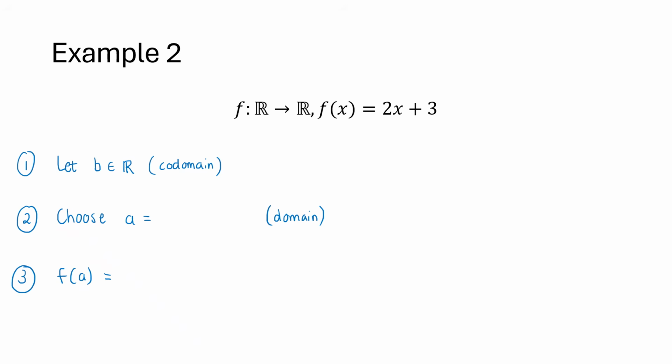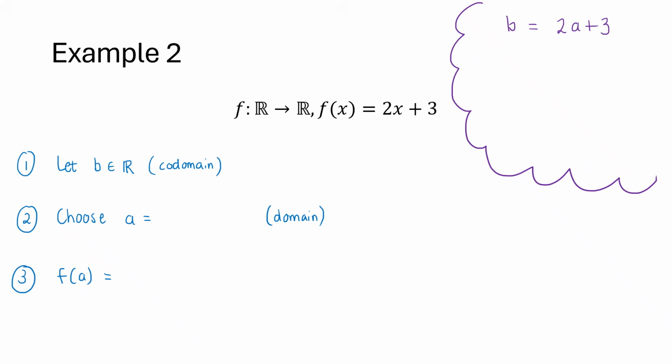Now, this is something that you can do rough work for yourself. I'm going to do it here at the top. We are picking something in the codomain. We are trying to show that we will be able to find an x. So what we are actually doing is we are going to try and reverse our steps. So we are assuming that B is equal to some 2A plus 3.